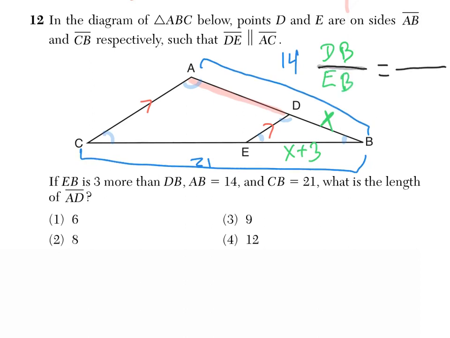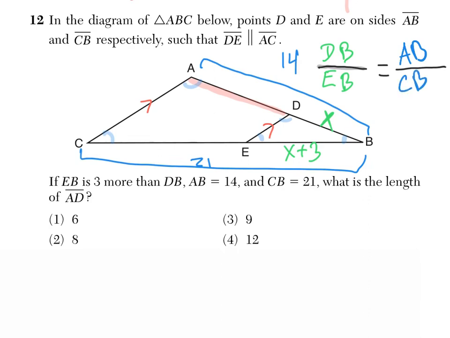So I can see that this is the long leg over the hypotenuse of the small triangle. Is going to be the long leg over the hypotenuse of the big triangle. So it's going to be AB over CB.